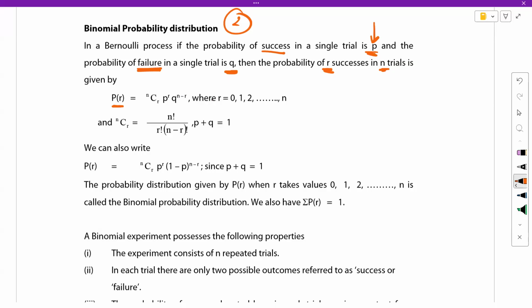R is always a whole number. It's a discrete probability distribution, not continuous.